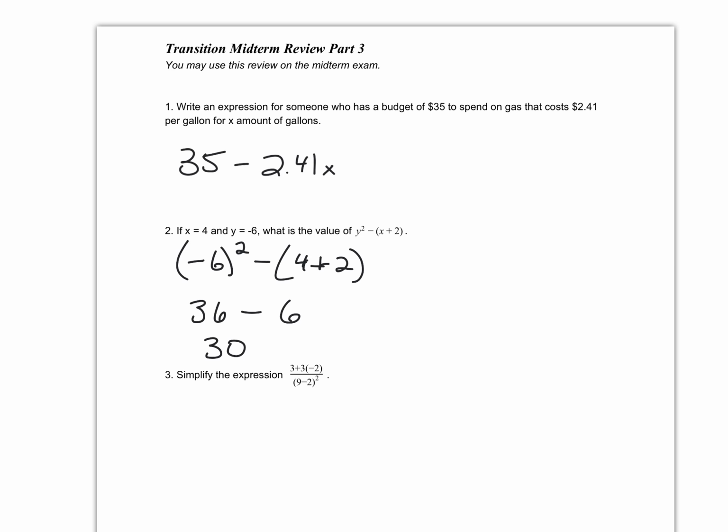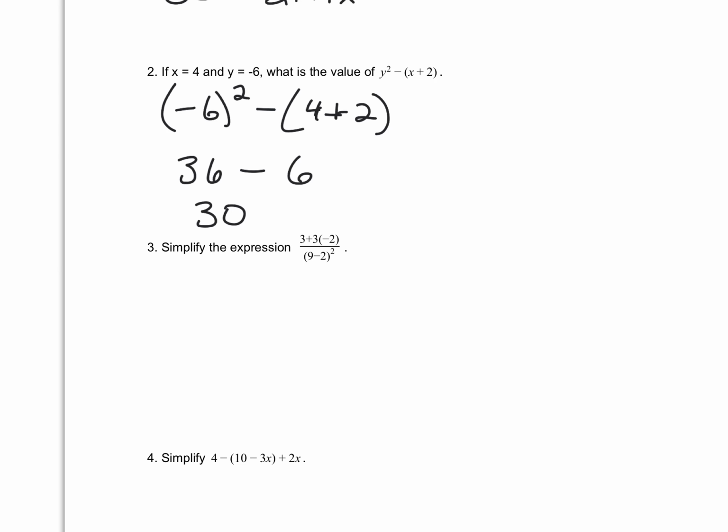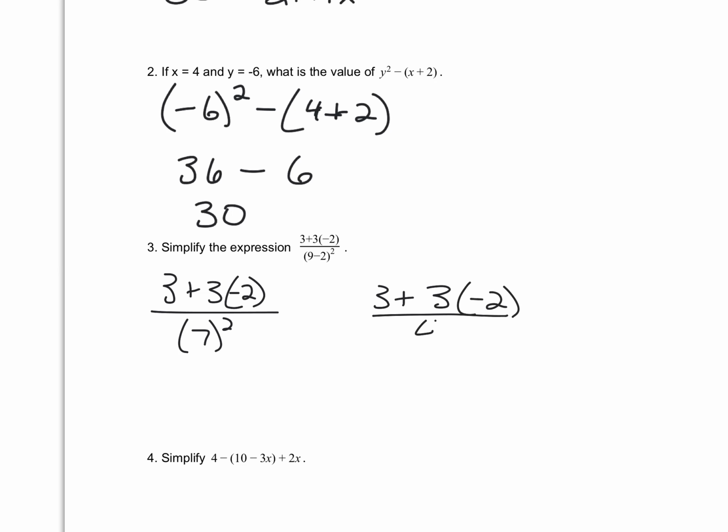Next, order of operations, we need to simplify the expression. So I'm going to go ahead and do the bottom first. 3 plus 3 times 2 times negative 2, because there are parentheses to take care of. Now I see an exponent. So 3 plus 3 times negative 2 over 49.